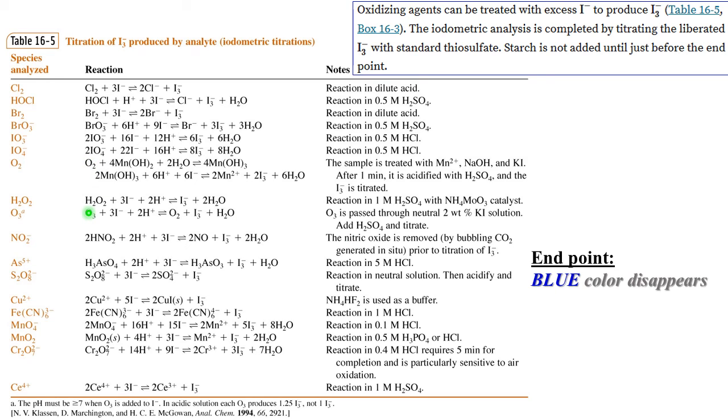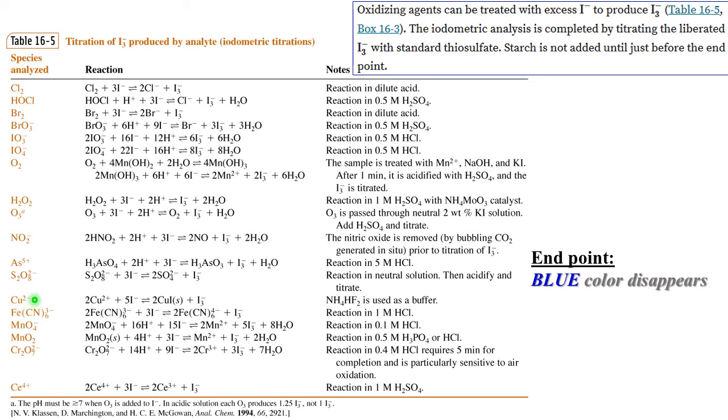This method is very important when you do bromination reaction, chlorination reaction in organic chemistry. You do your reaction stoichiometrically and then titrate the remaining oxidation agent with iodometric titration. That's how you can figure out concentration of a very large number of organic species.